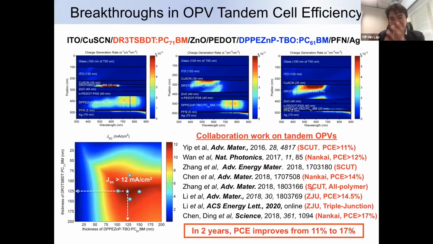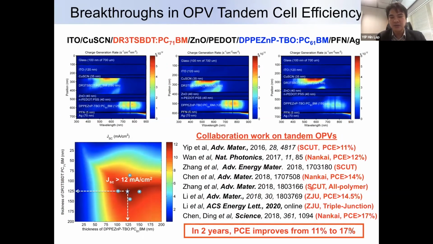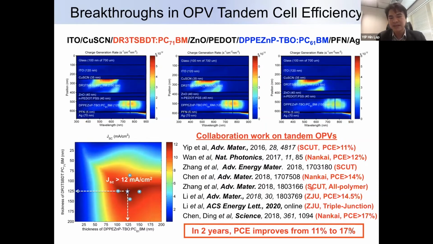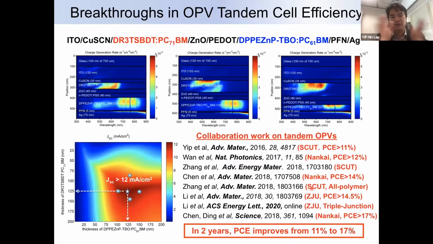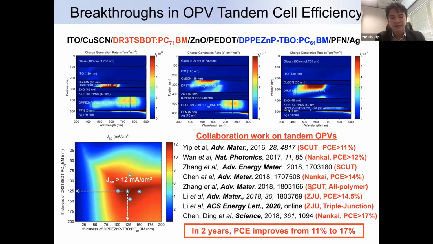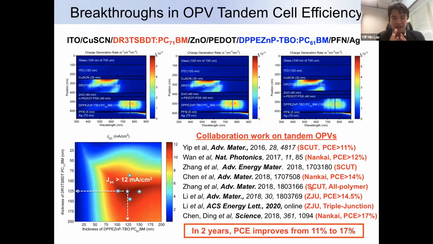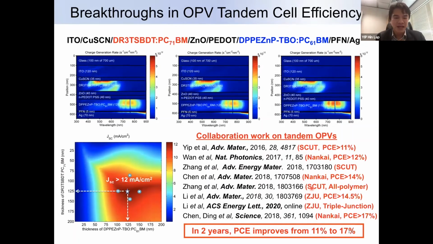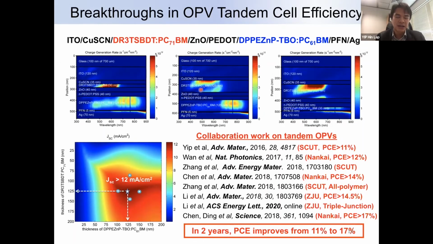The first application we used it for is the tandem cell, because in the tandem cell we use the front cell and back cell to absorb different portions of the light, for example, visible and near IR light, right? And we need to balance the light absorption properties because they are connected in series. So that complicates the design of the tandem solar cell.